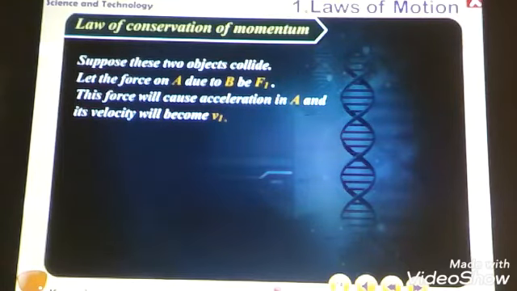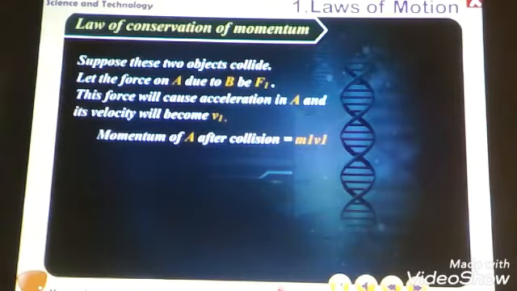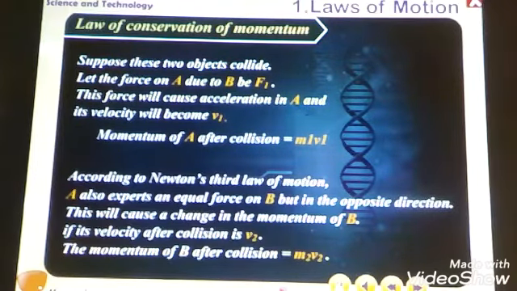Suppose these two objects collide, and let the force on A due to B be F1. This force will cause acceleration in A and its velocity will be v1. So the momentum of A after collision will be m1 v1. According to Newton's third law of motion, A also exerts an equal force on B but in the opposite direction.